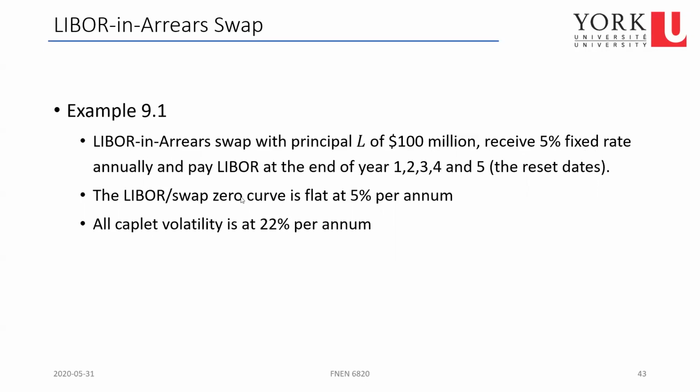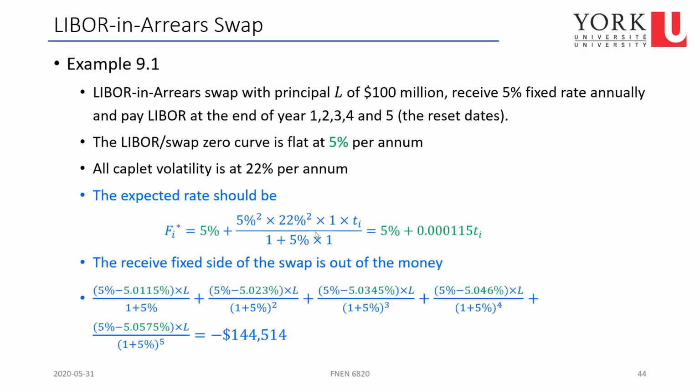The zero curve is flat at 5%, which gives a discount structure here, and the caplet volatility is 22% per annum. That gives you the volatility there. With this, your adjustment is this, 5%, and this 5% holds for all i, because it's a flat rate.